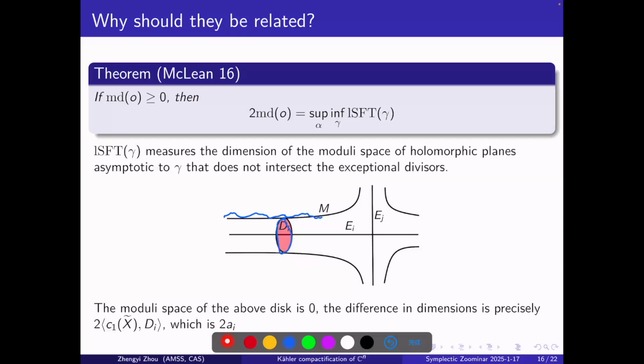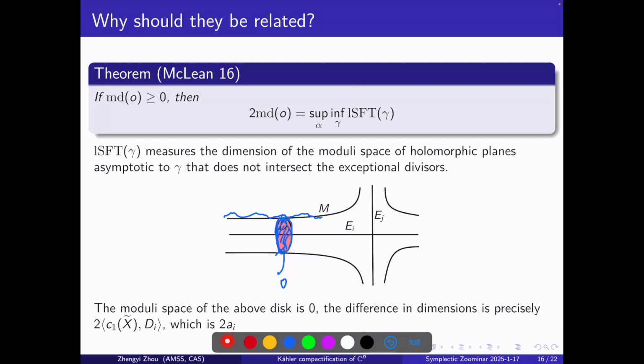This moduli space is cut out transversely and will have virtual dimension 0. But this virtual dimension is computed using the conic Conley-Zehnder index of this disk. So if you want to recover the conic Conley-Zehnder index of this Reeb orbit, you have to compensate for the error from the different framing, or the error from the first Chern class.